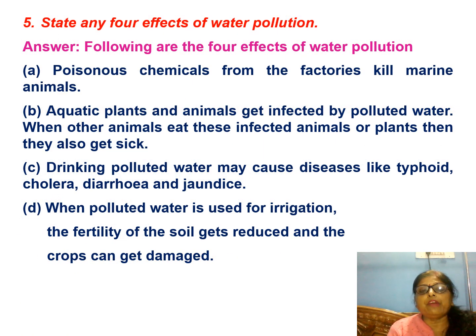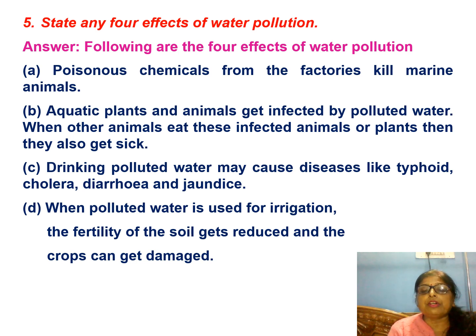State any four effects of water pollution. Following are the four effects of water pollution. First, poisonous chemicals from the factories kill marine animals. Next, aquatic plants and animals get infected by polluted water. When other animals eat these infected animals or plants, then they also get sick.